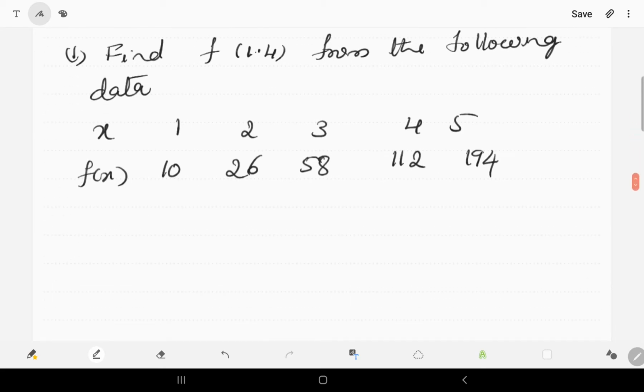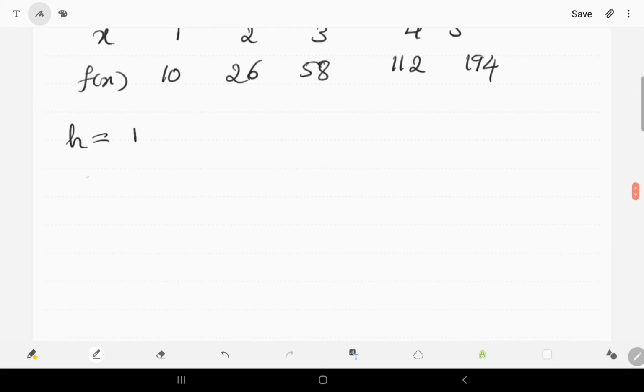So h is equal to 1 because the class interval is 1. Next, let us construct the forward difference table. That is the difference table.